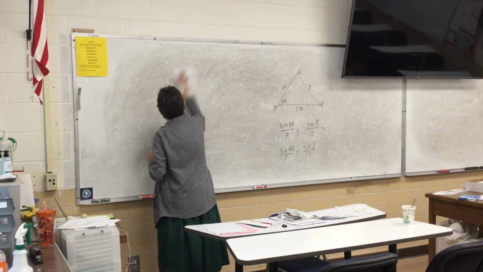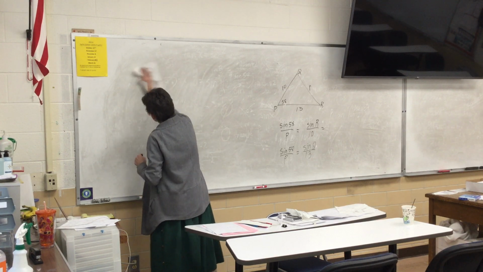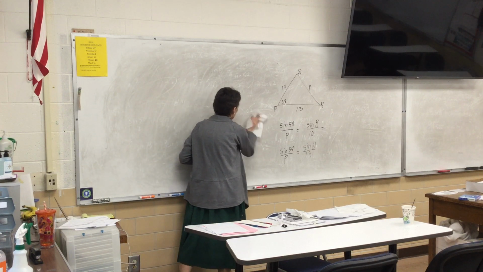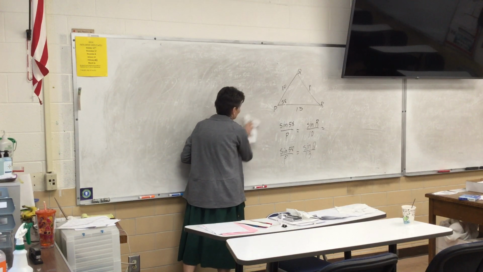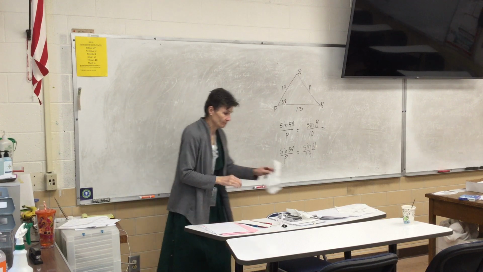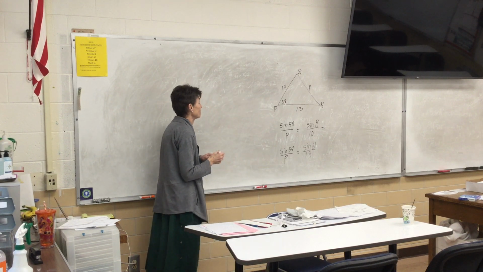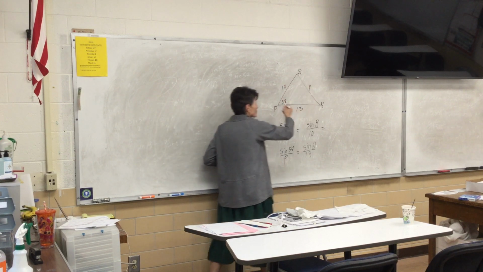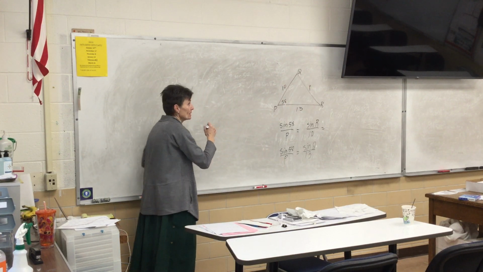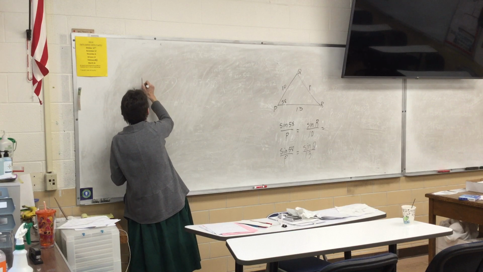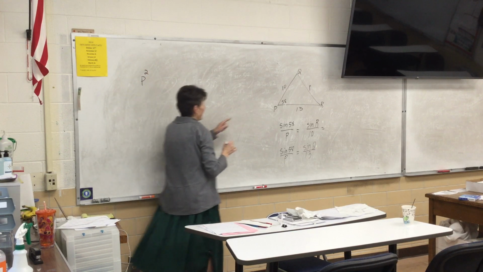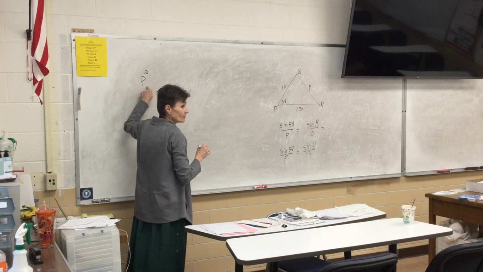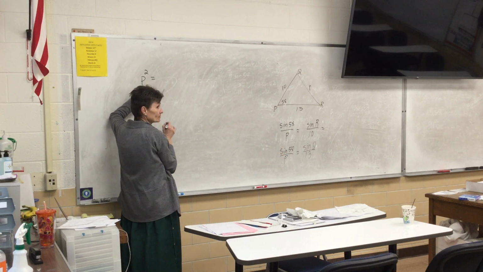And I think it's easier if instead of trying to use a formula, we look at the pattern of the problem. Here's what I mean. If I'm going to use the law of cosines to solve this problem, I'm going to put P squared, that is the side, over here. I'm going to put P squared over here all by itself.